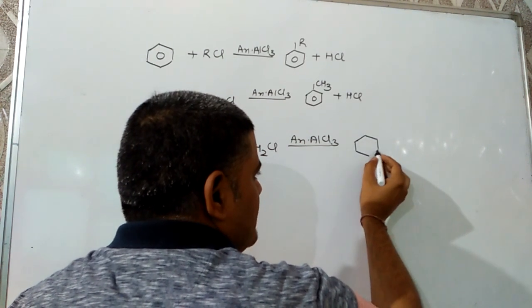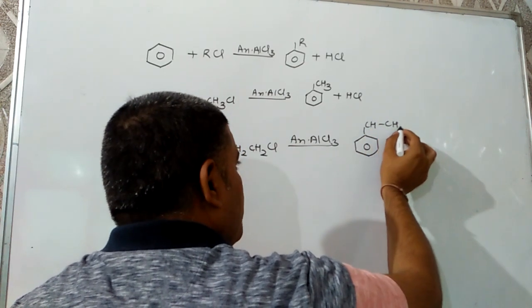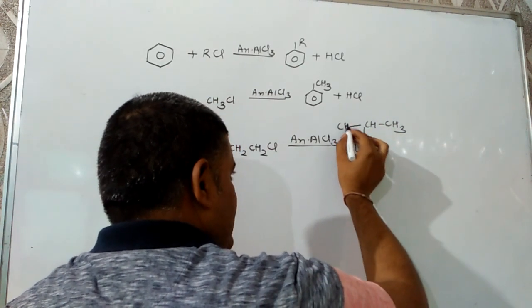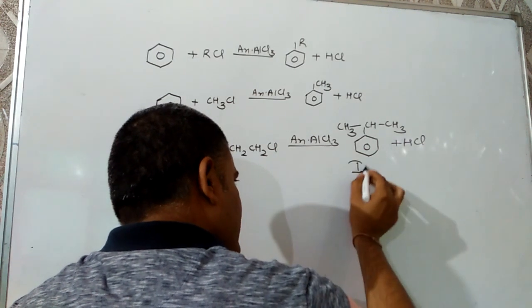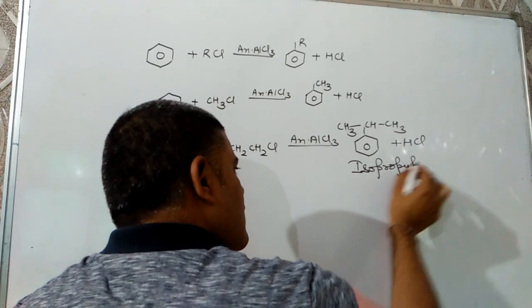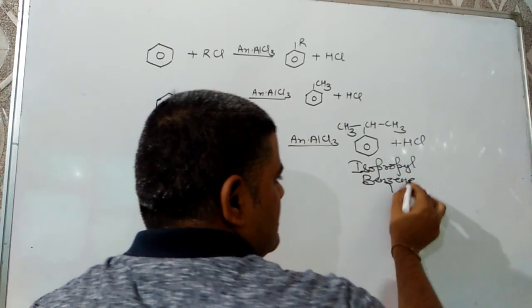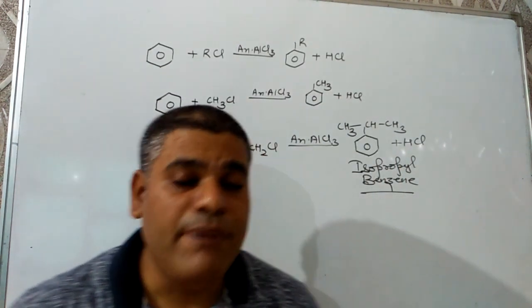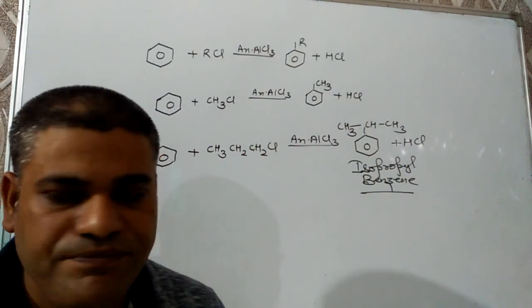Here rearrangement takes place and we get isopropyl benzene, or cumene, as a product. This rearrangement takes place due to the stability of the carbocation formed.